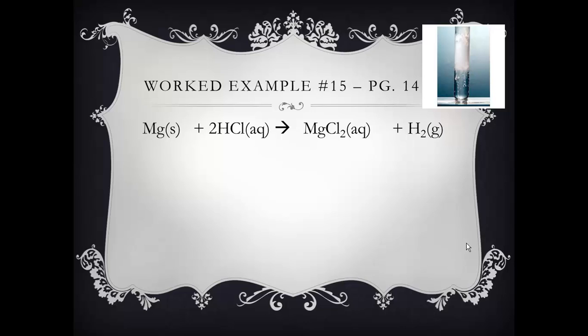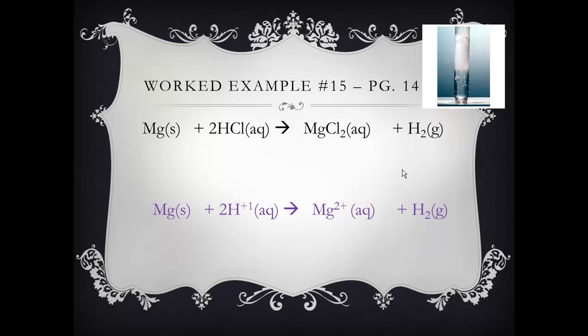Here's another example. Magnesium plus hydrochloric acid makes hydrogen gas, great stuff, and an aqueous solution of magnesium chloride. So you look at each part. Mg goes from solid to AQ, not a spectator. H goes from AQ to gas, not a spectator.